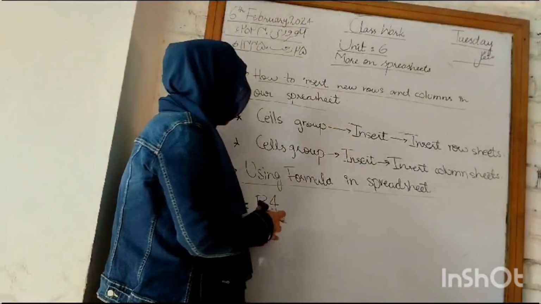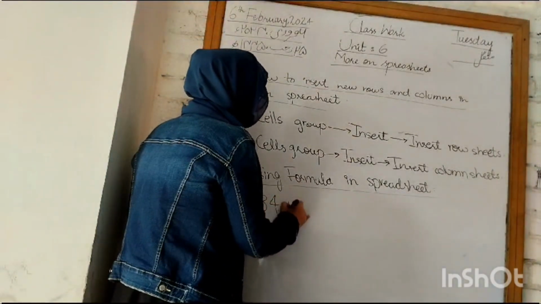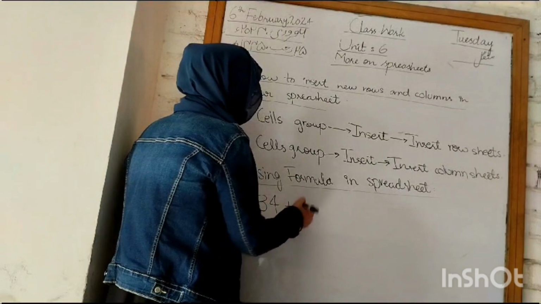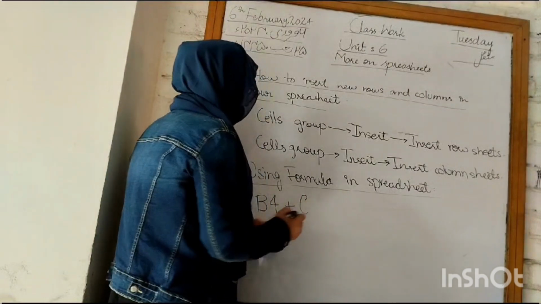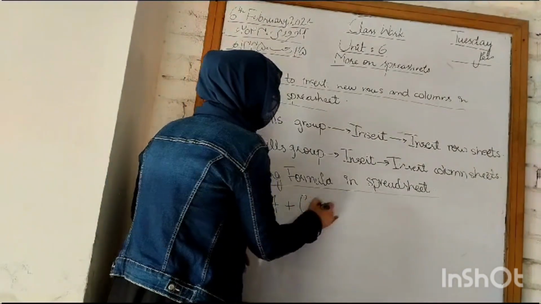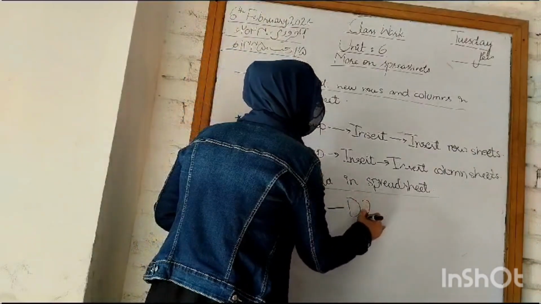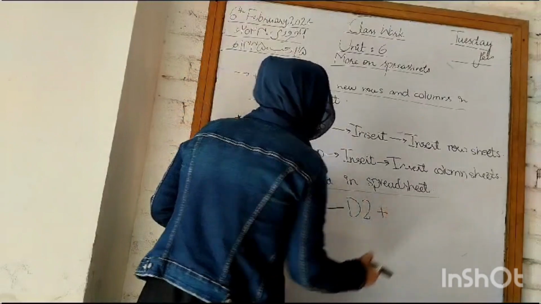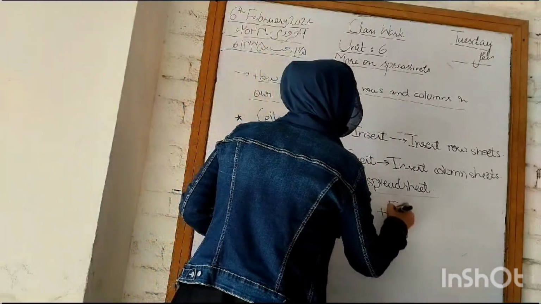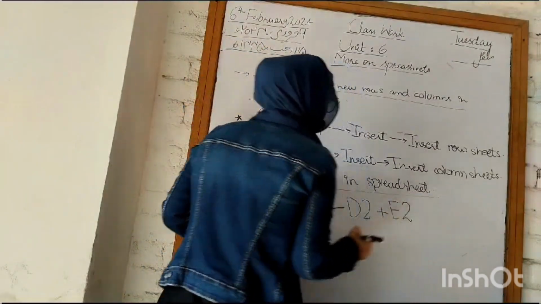So the combination will be B4. Cell B4 plus, if I want to add the number in cell C3 and then subtract the cell B2 and add the cell E2.